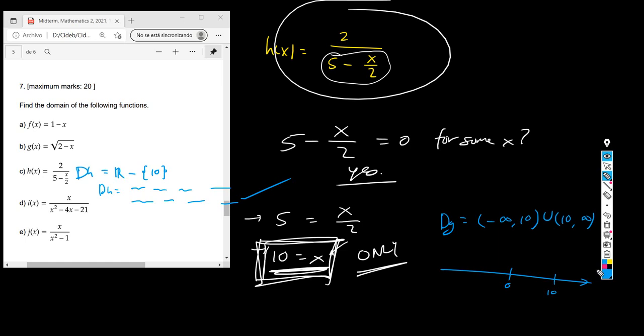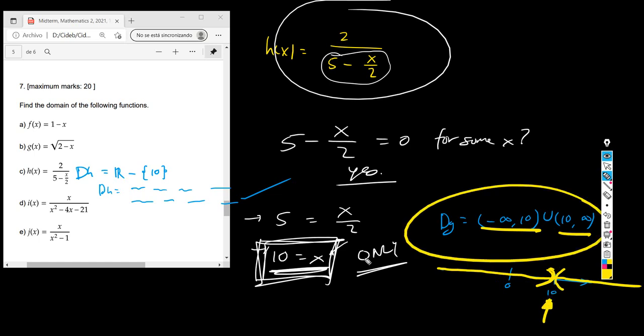Let's imagine the number 10 is here, and it's gonna look like this more or less. All these numbers are included, excluding 10. This accounts for this bit, and then unite this segment with this other bit, which is right from 10 but excluding 10 also onto infinity. So when you see these symbols, basically all of this means all the numbers except this very particular one. That's the only number that we are excluding by this symbology, which is the same as this, which is the same as this.